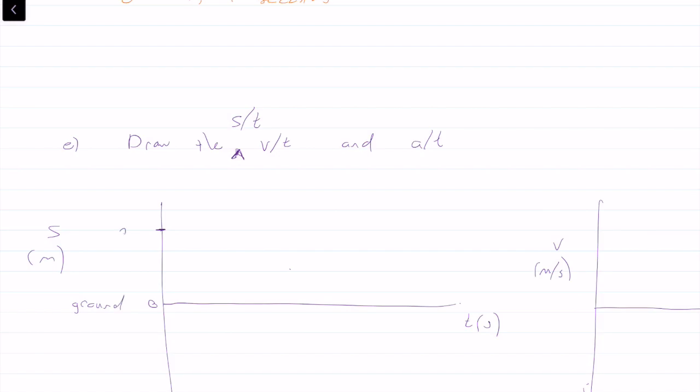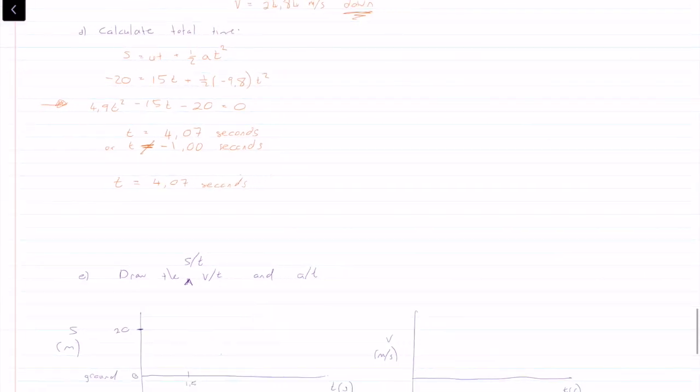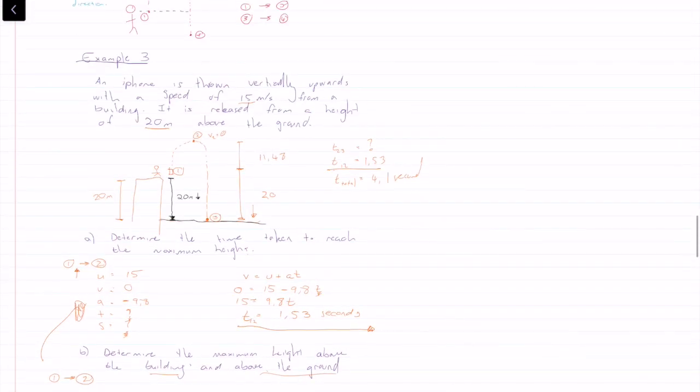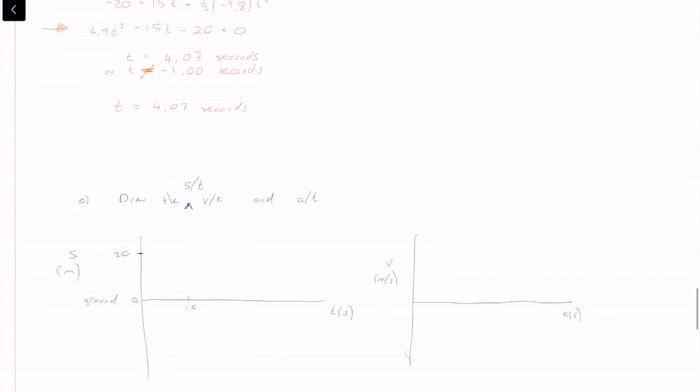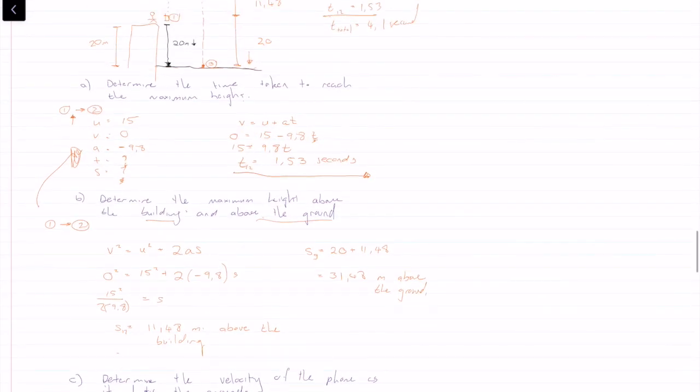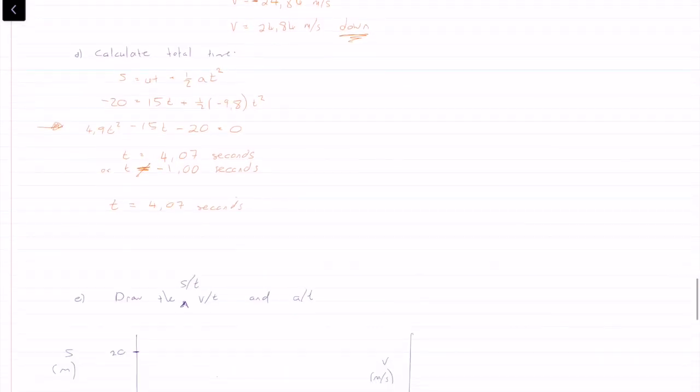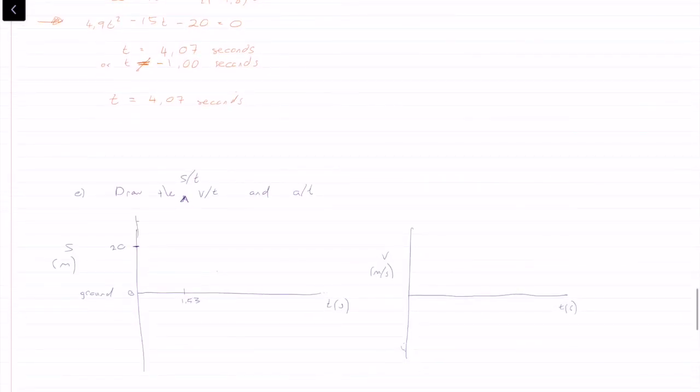At 0 seconds, we know that the phone is 20 meters above the ground, and we know that at 1.53 seconds, it's at its maximum height, and that maximum height above the ground was 31.5. Okay, so it's right there, and then we know at the final time of 4.07 seconds, it is back at the ground.